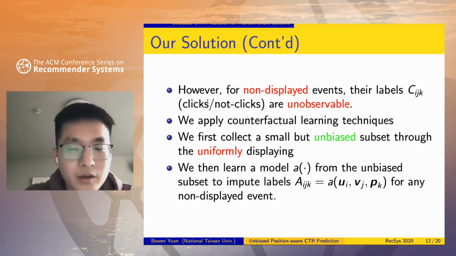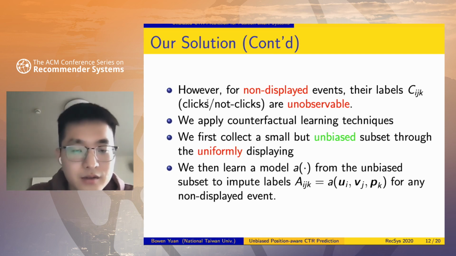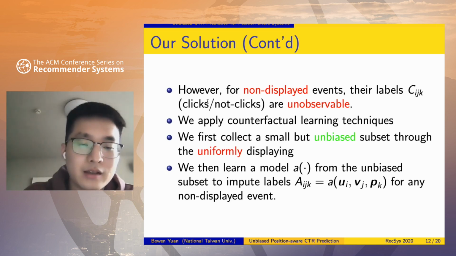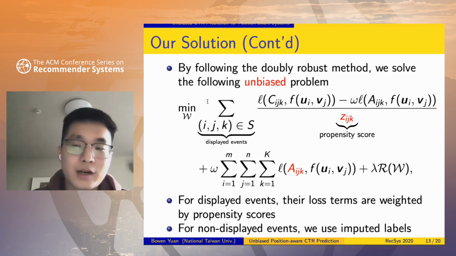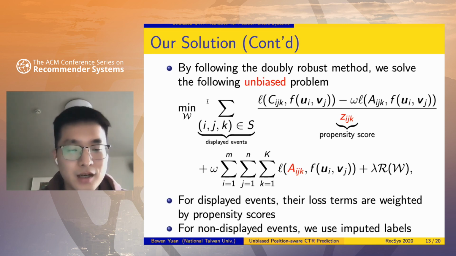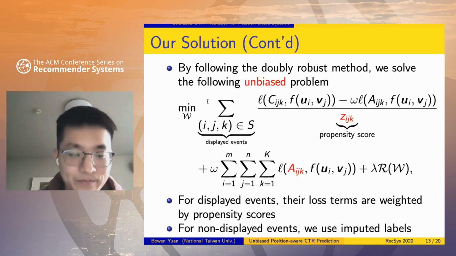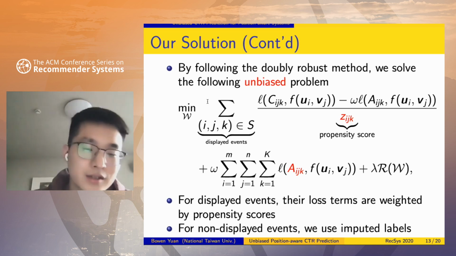And then we learn a model A from the unbiased subset to impute labels for any non-displayed events. And by following the doubly robust method, we solve the following unbiased problem, where for displayed events, their loss terms are weighted by the propensity scores. And for non-displayed events, we use the imputed labels to compute their loss terms.